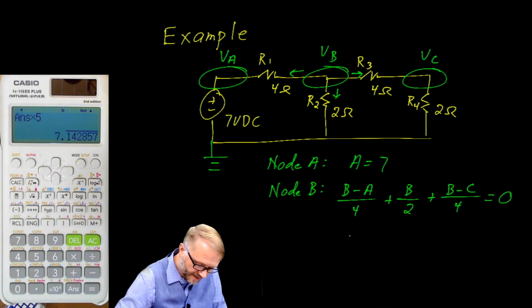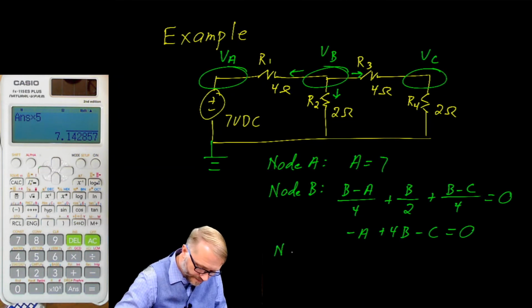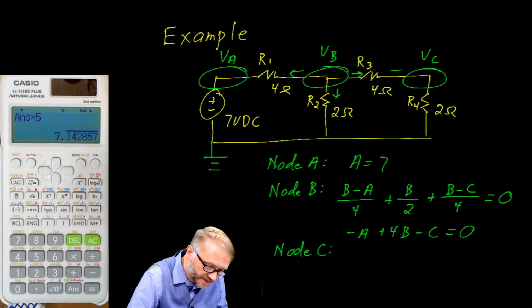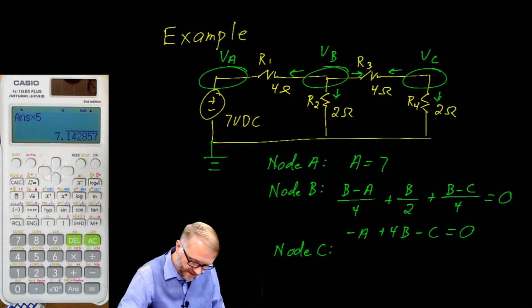If we simplify that, it comes out to negative A plus 4B minus C is equal to 0. For node C, we have this current leaving and this current leaving.